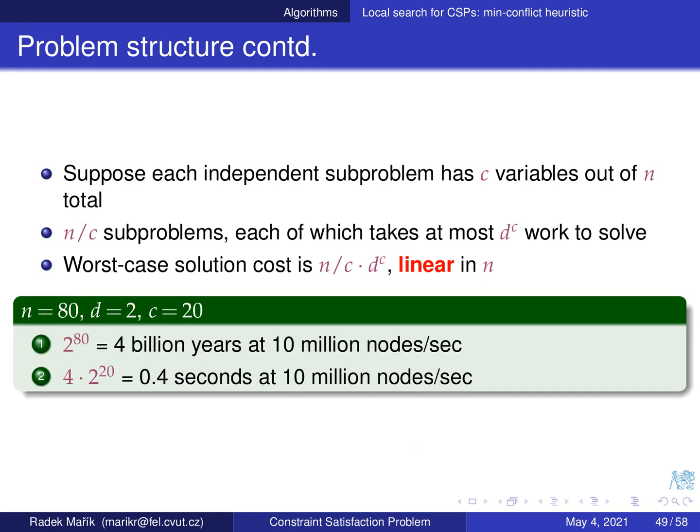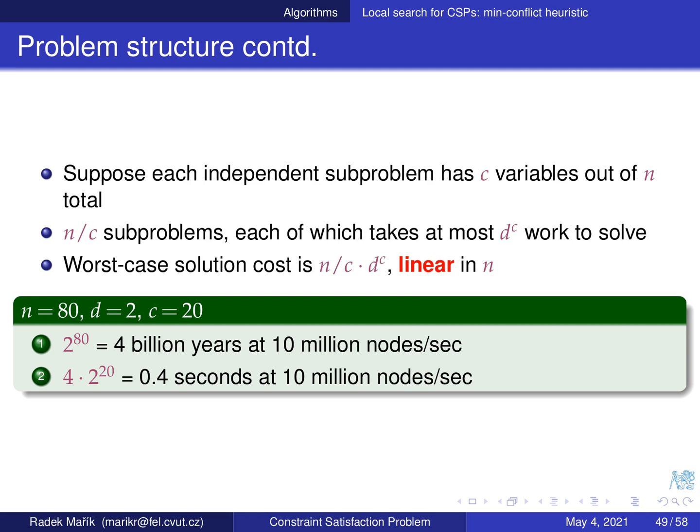quick, let's say, calculations. If we have 80 variables, each having two values, and we can divide it into 4 subproblems, each having 20 variables, then using the original approach, d up to 80, we would solve that problem in 4 billion years, assuming that we have hardware able to perform 10 million nodes checking per second.